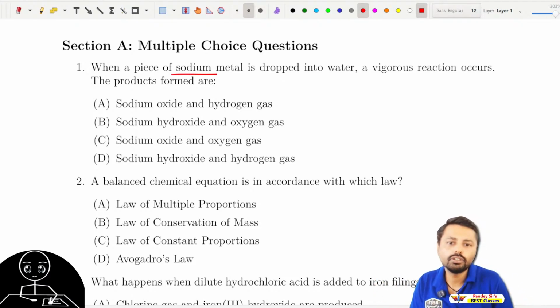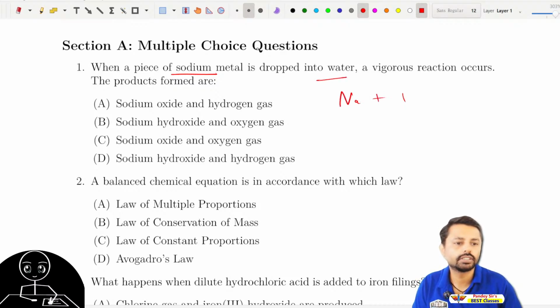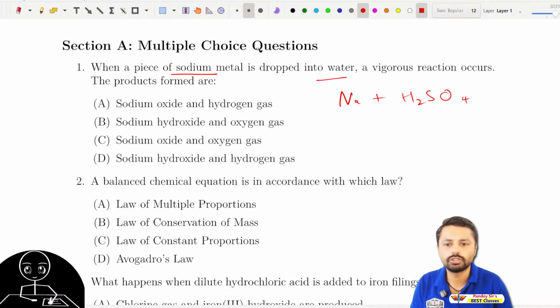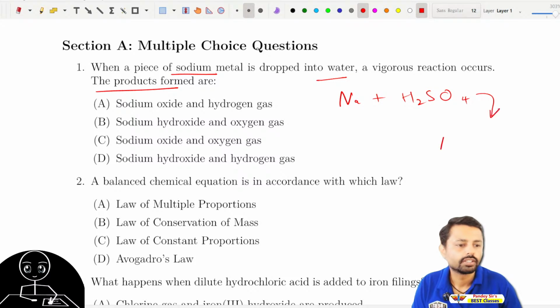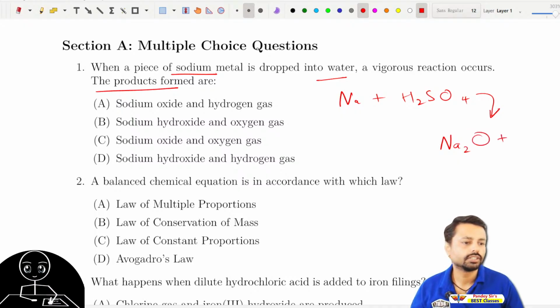Anyway, a piece of sodium dropped in water. Okay, so Na plus H2SO4. Vigorous reaction occurs. So, and the product, sodium oxide and hydrogen. Let's check it. So, we get Na2O, plus, wait a minute, Na2SO4 we get.